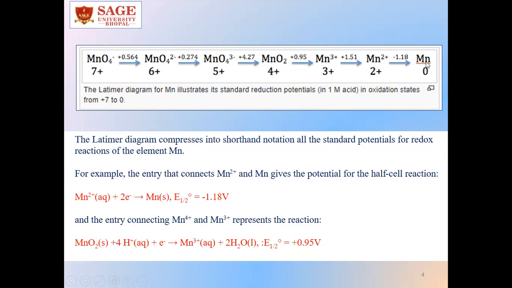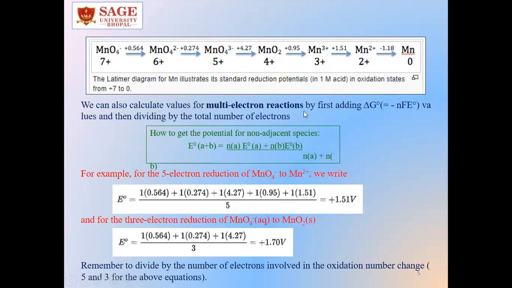So from Mn2 plus to Mn, the standard potential is -1.18. And the entry connecting Mn4 plus and Mn3 plus represents the reaction MnO2 plus 4H plus aqueous plus electron gives Mn3 plus aqueous plus 2H2O liquid. And here the value is 0.954.